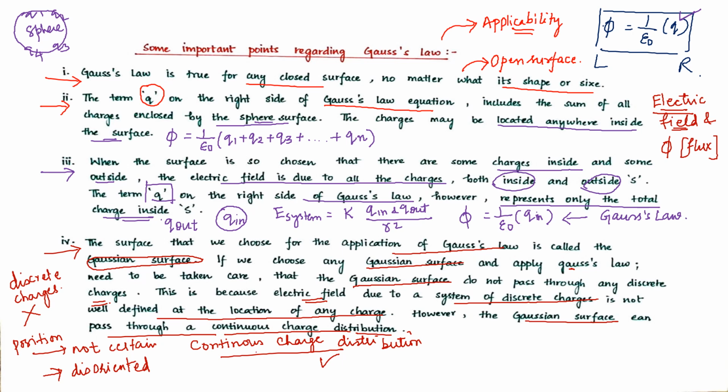But when we go for the continuous charge distribution, these charges are present near to each other and look like a trail, and defining their position is quite simpler as compared to the discrete charges. Defining position is simple. Hence, Gaussian surface can pass through a continuous charge distribution but not through discrete charges.